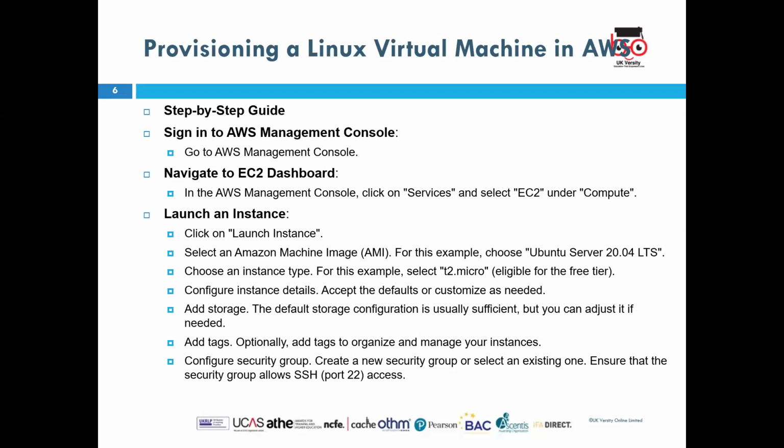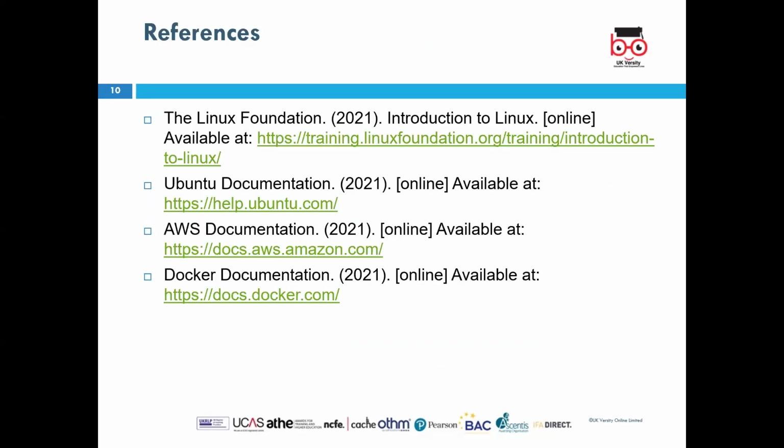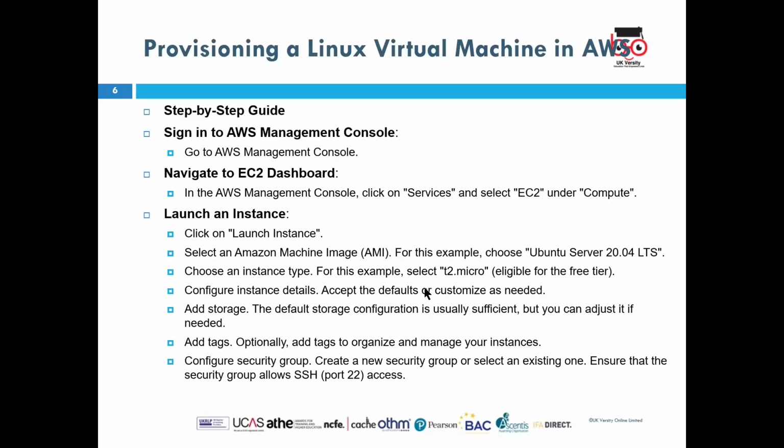The video showed how to create our virtual machine through an EC2 instance. And yeah, there are different ways for us to run our Linux system. We can run it from our local Linux machine.